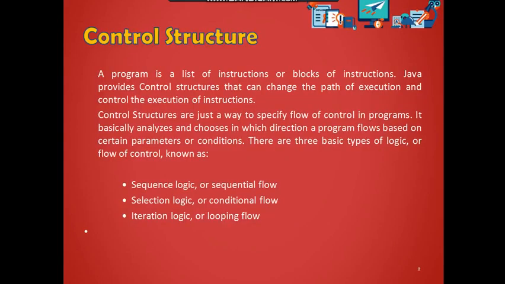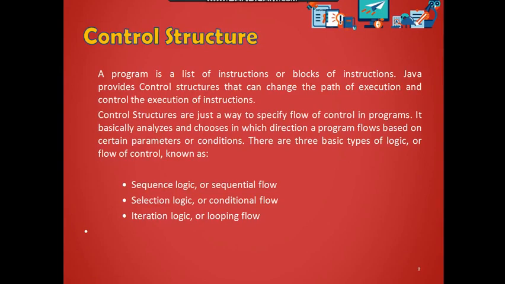At first it is talking about the definition of a program. A program is a list of instructions or block of instructions which get executed to perform a particular task. Java provides control structure that can change the path of execution and control the execution of instructions.